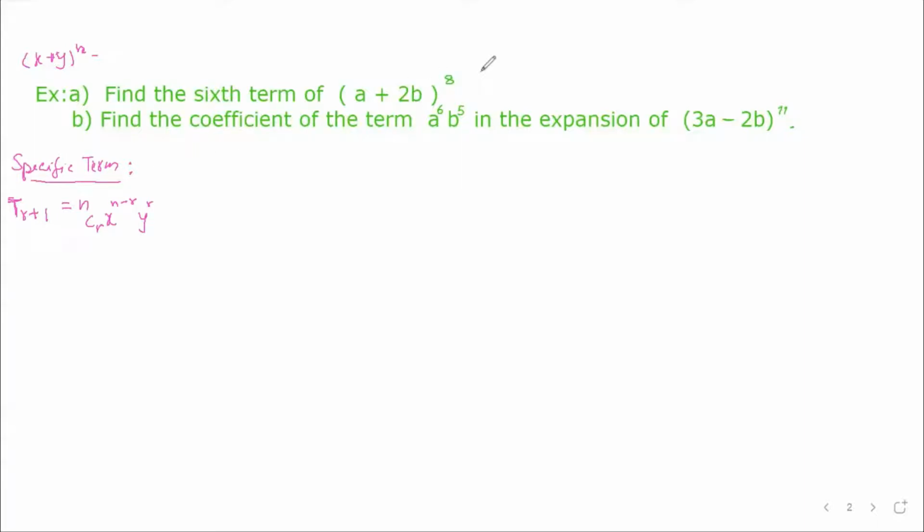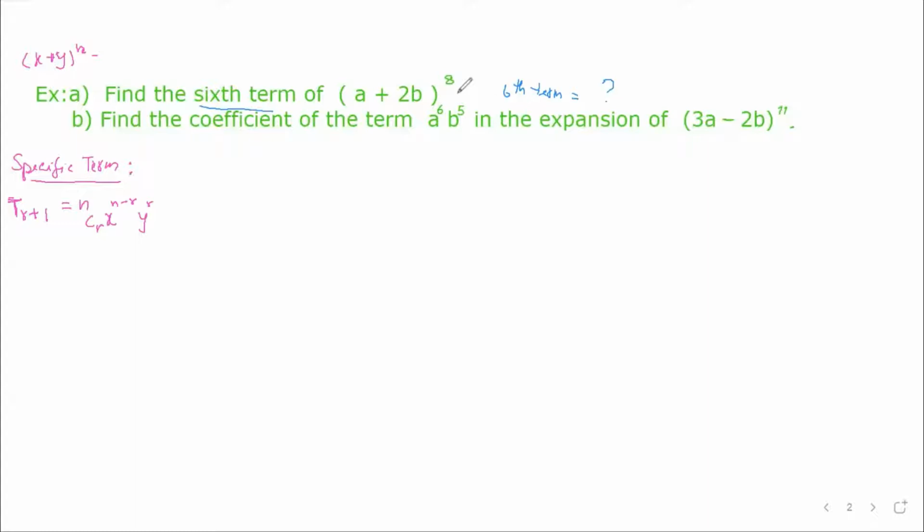This example, take a look. Because they want to find the sixth term, that means they want to find the sixth term. In this case, first of all, you can expand this one by using this formula. That means with power 8, you're going to have 9 terms. So you have to expand up to 6 terms.